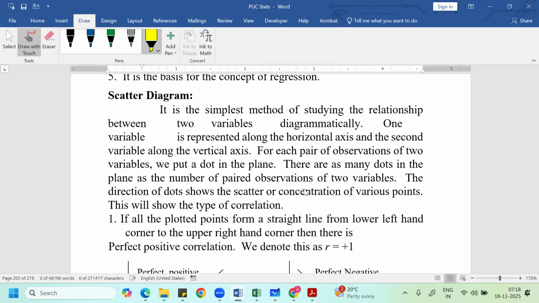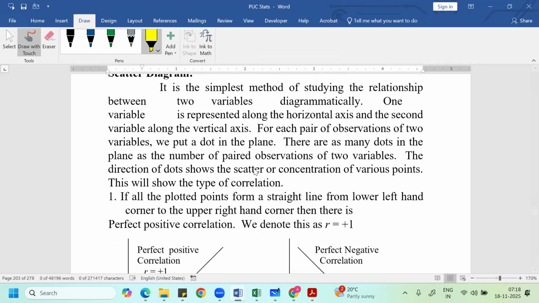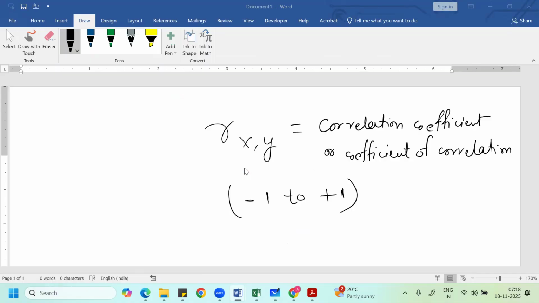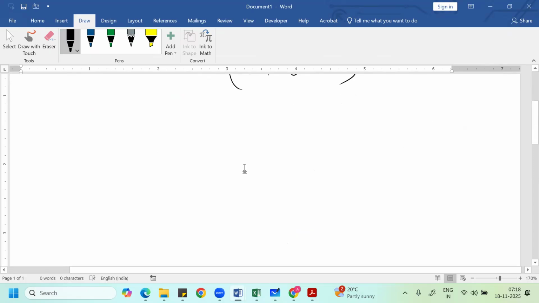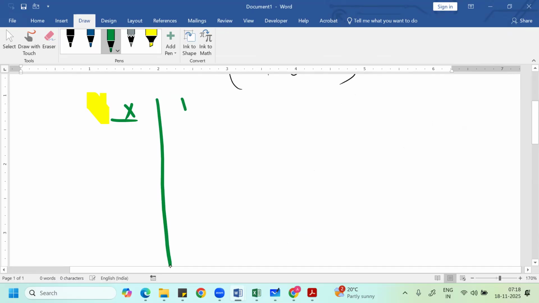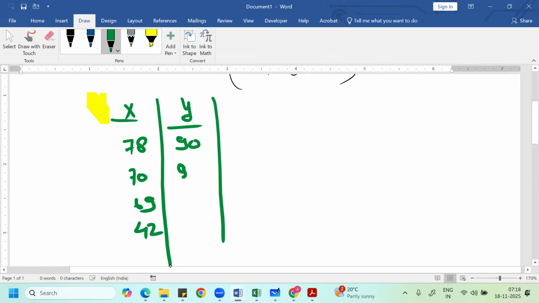Imagine you consider one variable on the x-axis and the other on the y-axis, and use a scatter plot to represent their relationship. For example, suppose x values are 78, 70, 69, 42, and y values are 90, 94, 82, 87.